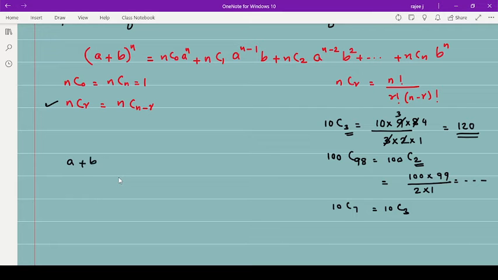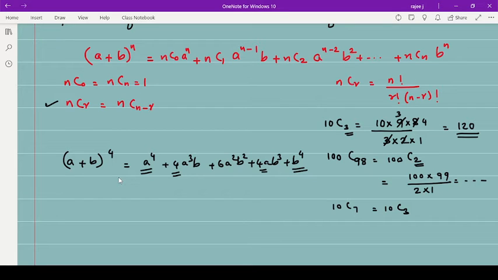Suppose I write (a plus b) the whole raised to 4. It is a raised to 4 plus 4a cube b plus 6a square b square plus 4ab cube plus b raised to 4. If you look at the coefficients, 1, 4, 6, 4, 1.